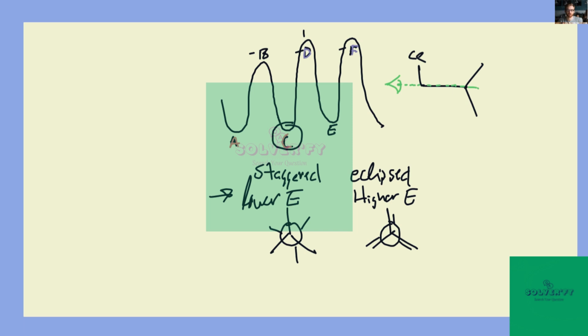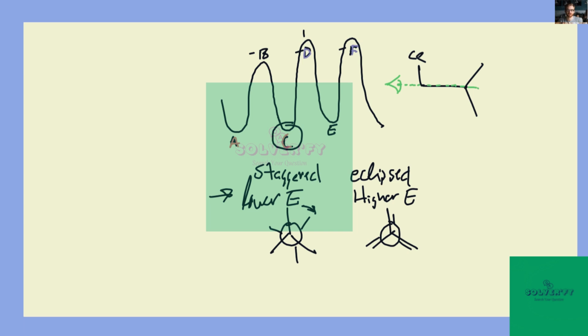Okay. And so now our other piece of information is that in the particular conformation that is represented by C, if we rotate the bonds 60 degrees, we go from C to D, which is one of the eclipsed conformations.